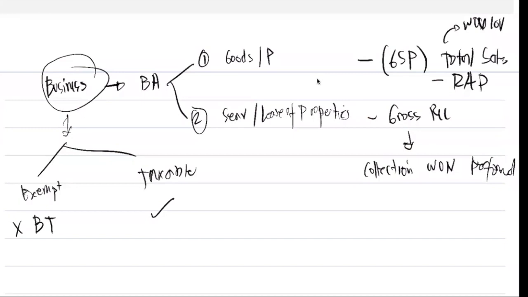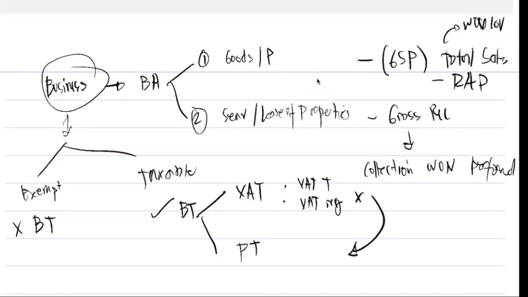If that is exempt, therefore, there's no business tax. If that is taxable, there is a business tax. And what is the business tax here? If it's taxable, then you can either be taxed at VAT or at percentage tax. VAT only if you meet the VAT threshold or you are VAT registered. Okay? If not, then you are subject to percentage tax.